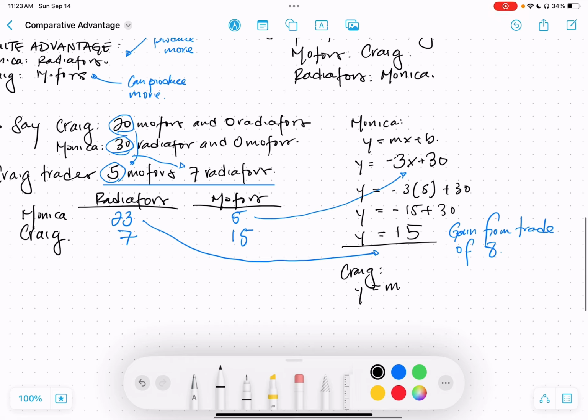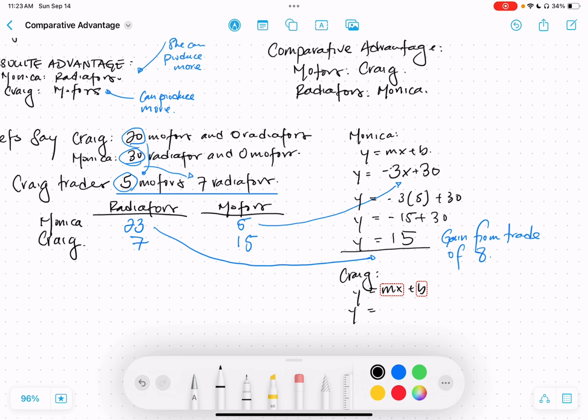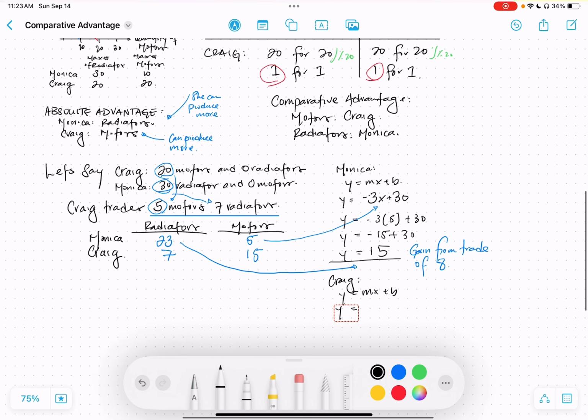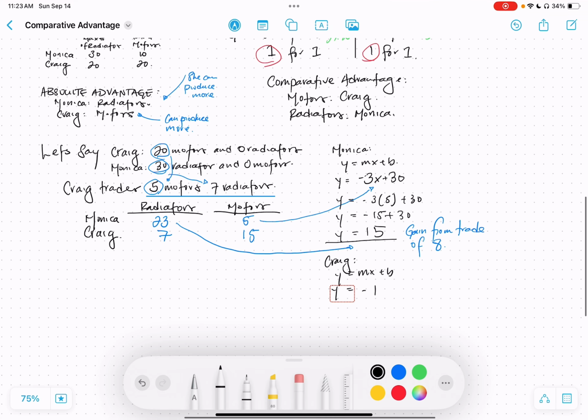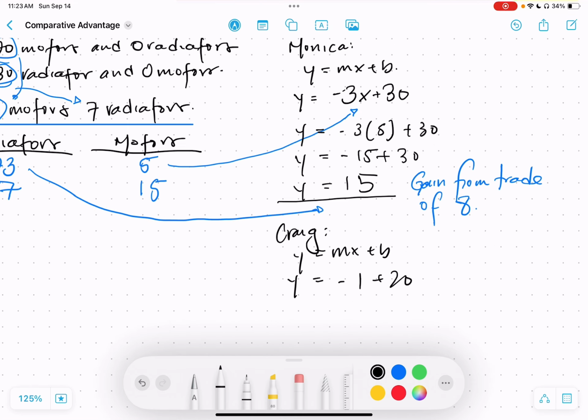Now let's do the same thing for Craig. Y equals mx plus b. Y equals, let's go back up here, rise over the run. It's -1, pretty simple. Plus 20 is our y-intercept. X, okay. And then let's do the same thing we did before. Let's plug in 15.